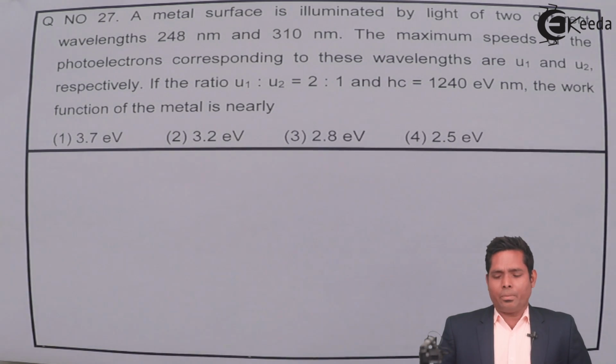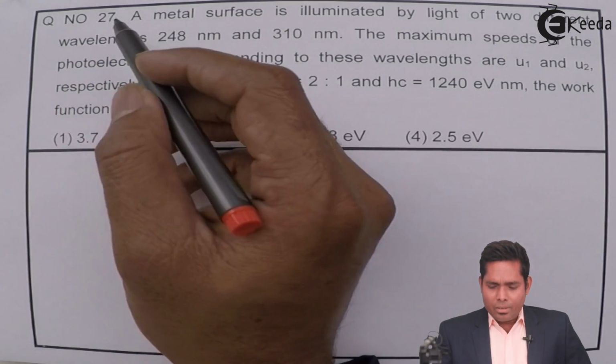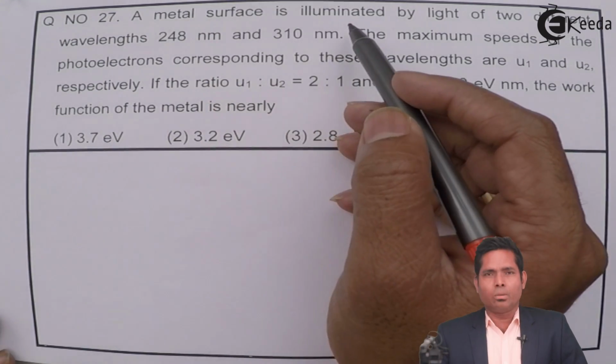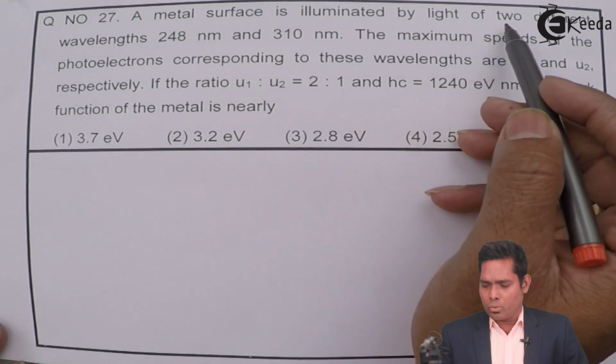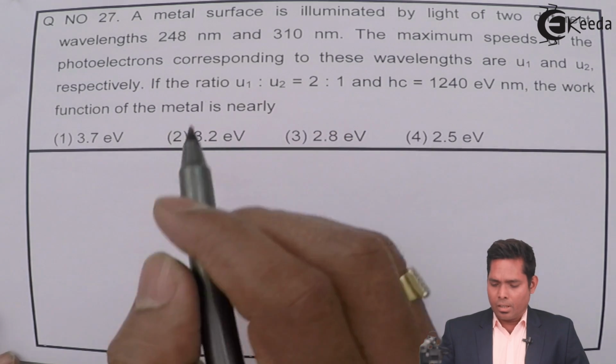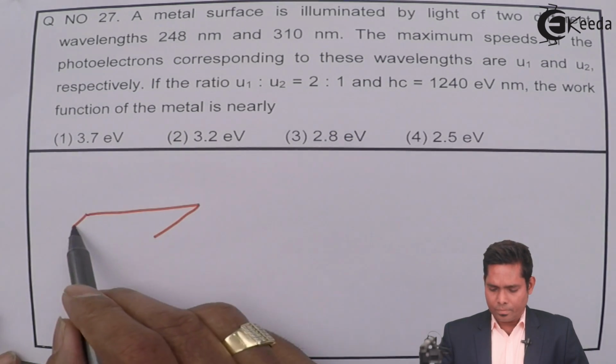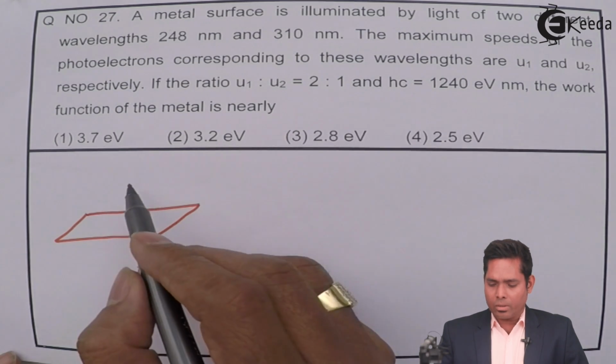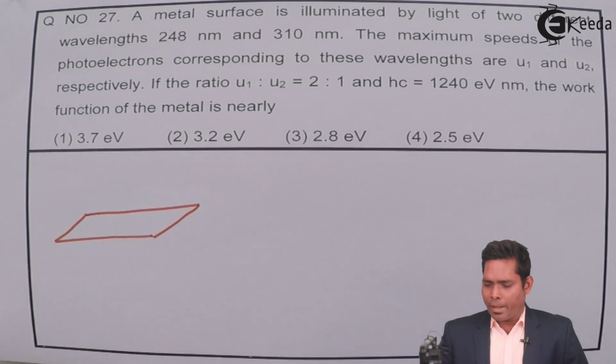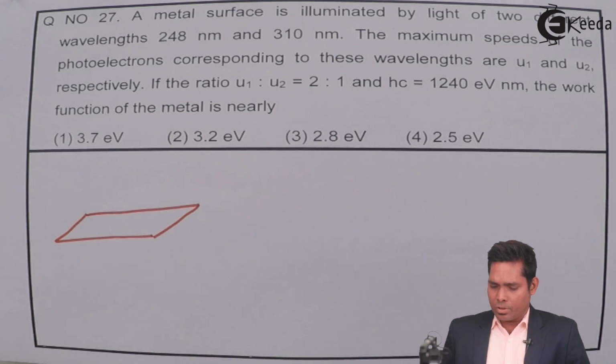Students, let us start with number 27, which says that a metal surface is illuminated by light of two different wavelengths. There is a metal surface which is illuminated by two wavelengths.